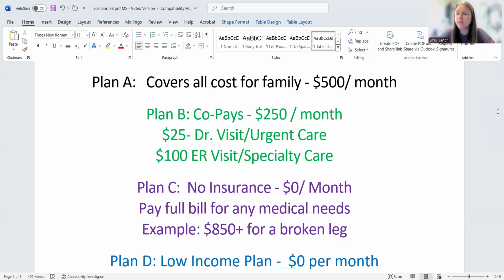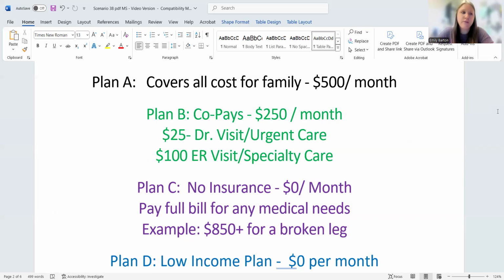Plan A covers all costs of any medical expense, but you have to pay $500 a month to have it.